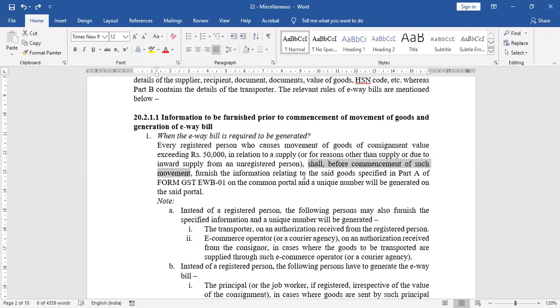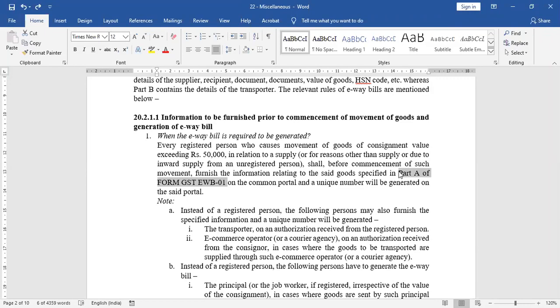the supplier must fill the information in part A of the e-way bill 01. I told you that EWB-01 has two parts, part A and part B. Part A requires the information of the supplier, part B requires the information of the transporter. So before moving the goods, if the value of goods to be moved exceeds 50,000 rupees, the supplier's information must be filled in part A of EWB-01.